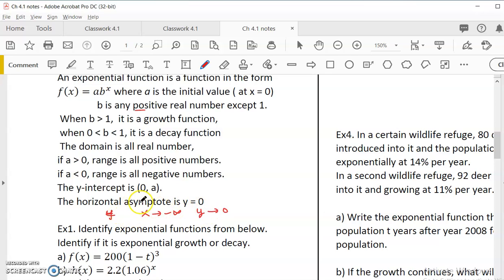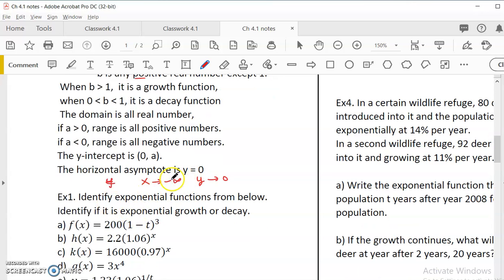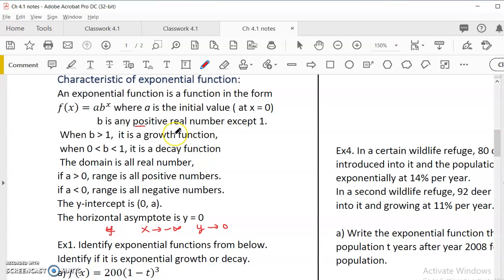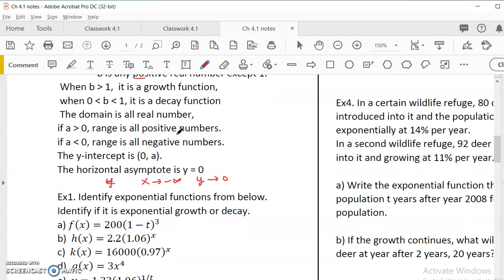So you see that there is a horizontal asymptote when we're talking about a growth function, but we will talk about this in more detail. This is when b is greater than 1.